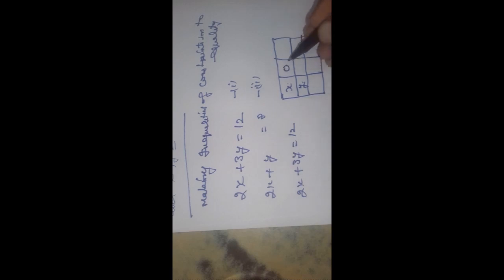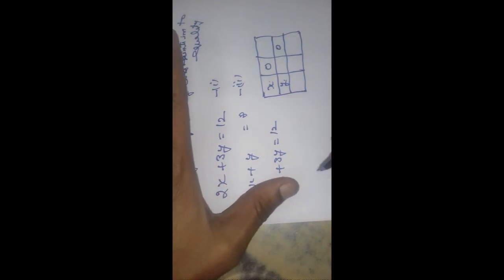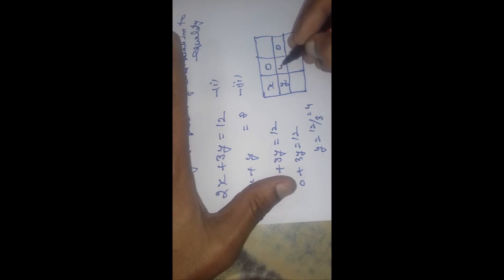Put x equals 0 and, in a second part, y equals 0 as well. Put x equals 0, take the equation, 0 plus 3y equals 12. y equals 12 divided by 3 equals 4. So when x is 0, y will be 4, and for x and y it will be 0 comma 4.